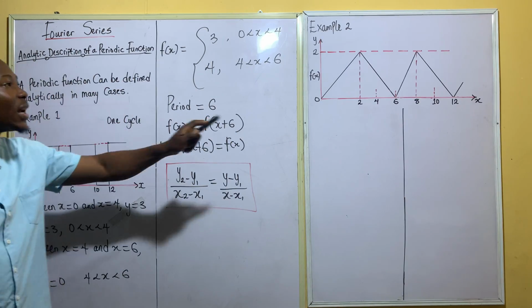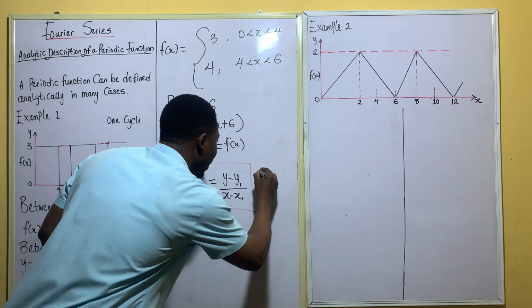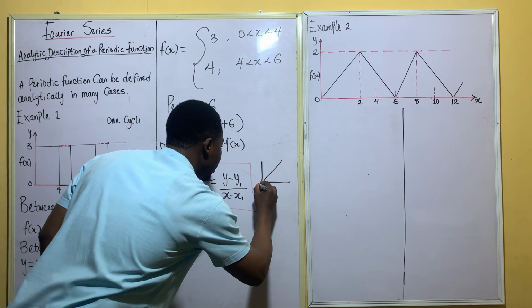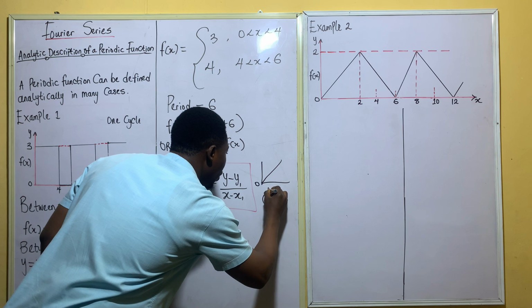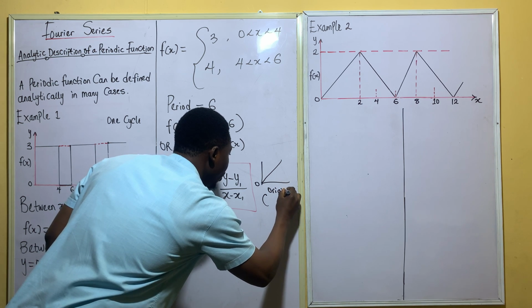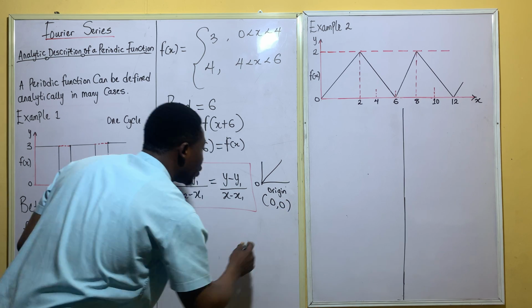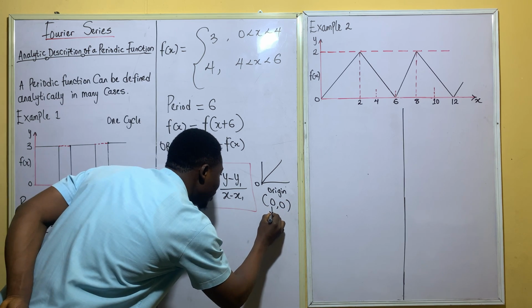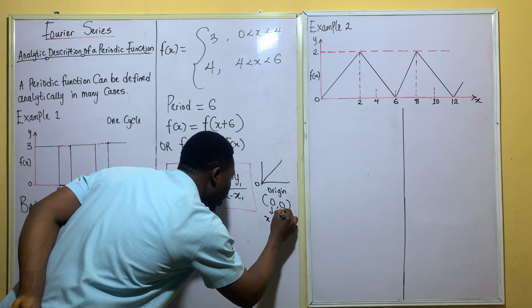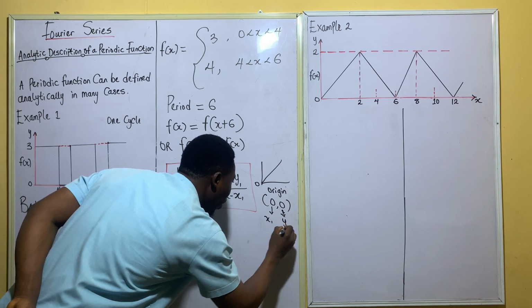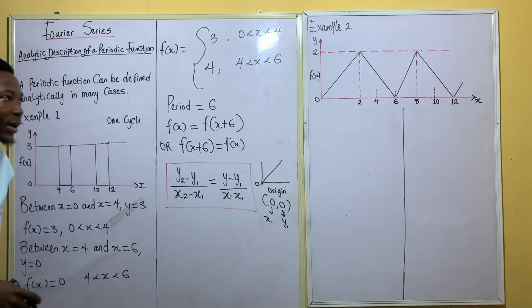So, of course, this starts from an origin 0, 0, like I explained here. Let me draw this again, 0. So it starts from the origin, which tells us that it is 0, 0. That means our x1 is 0. This is also our y1, which is 0. All right.